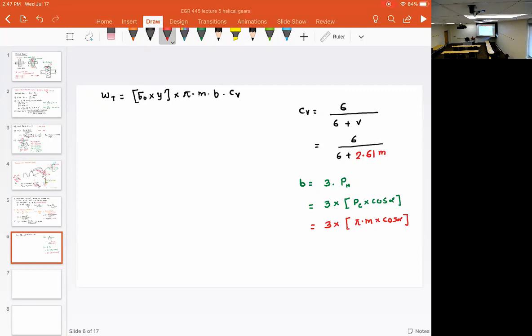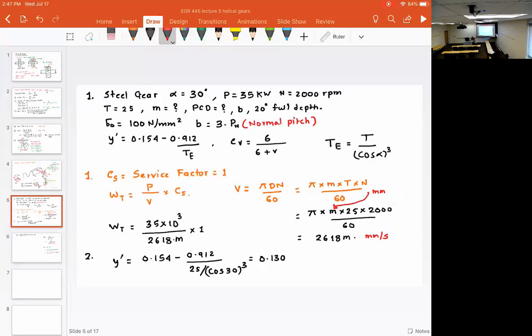So in this entire equation, the left hand side, Wt, is 35 times 10 to the power 3 divided by 2618 m. And I just have to be careful here. This V should also be in meters per second.